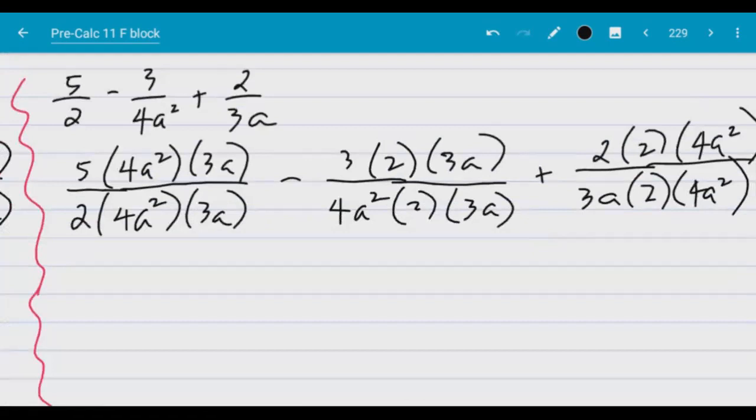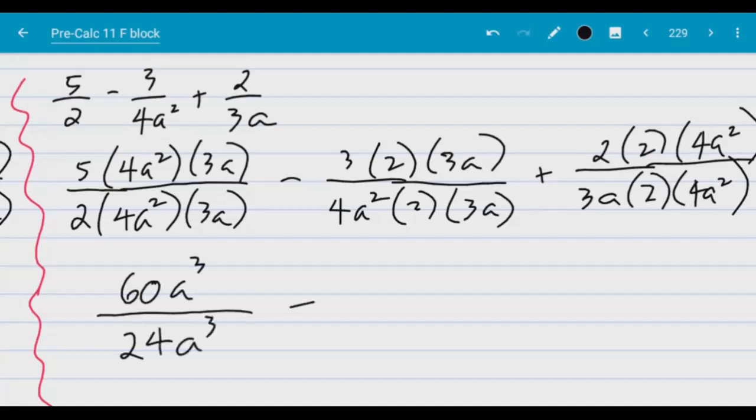Now, let's simplify this one first. 5 times 4, 20 times 3, 60A cubed. What is the denominator? We already know that 2 times 4 is 8 times 3, 24. A squared times A is A cubed.